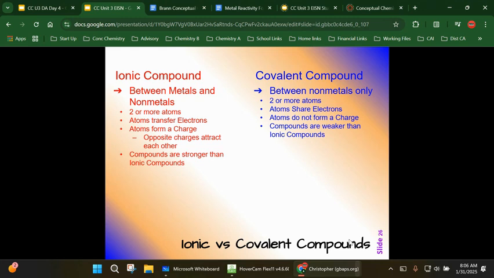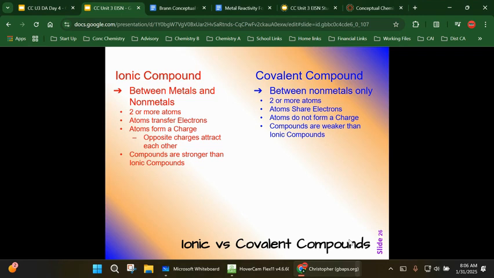As soon as I lose electrons, I am now positively charged. The problem is the other atom that gained them is now negatively charged. And those opposite charges attract each other. And those two atoms are stuck with each other. Not because they want to be stuck with each other, but because they wanted to become stable, and by doing so, they got oppositely charged, and now they're stuck with each other.